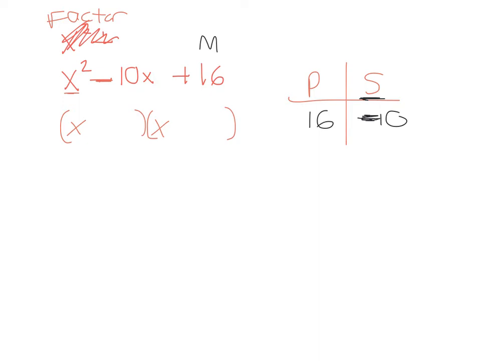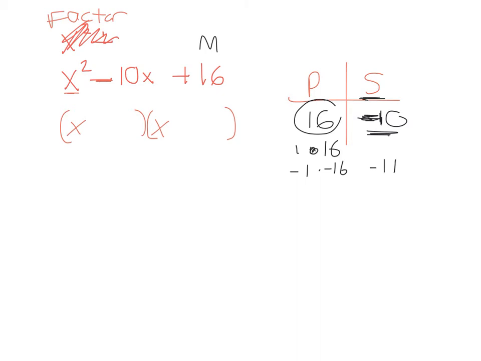So when I start going through my numbers, 1 times 16, well, 1 times 16 gives 16. At some point you have to realize that in order to get a negative here, we're going to have negatives here. Like negative 1 times negative 16 will give me a positive 16.